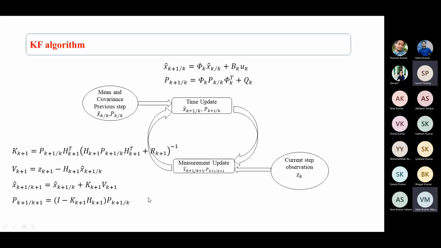You can see here, ZK plus 1 is your observation. We are taking the difference here: the actual observation minus the predicted observation.